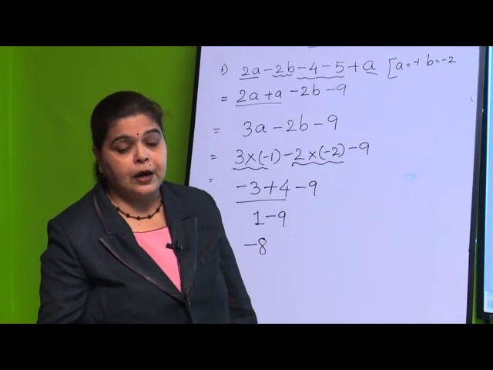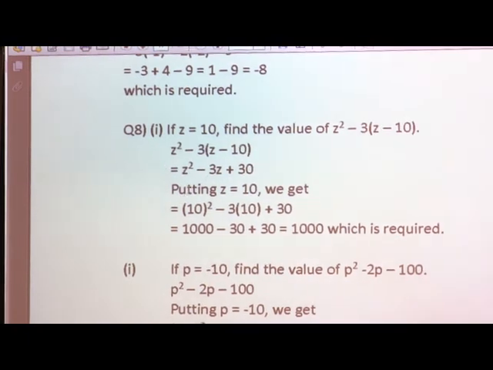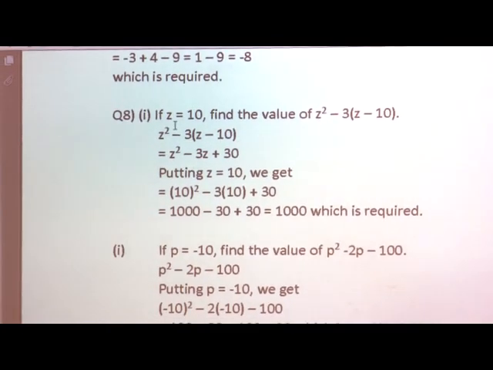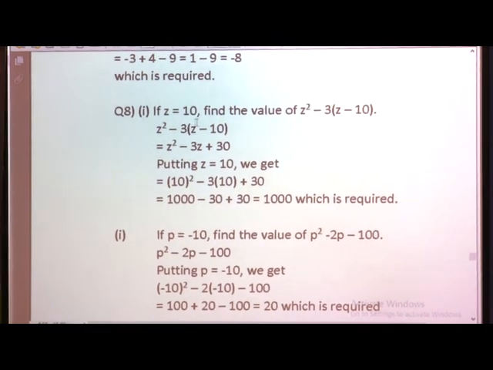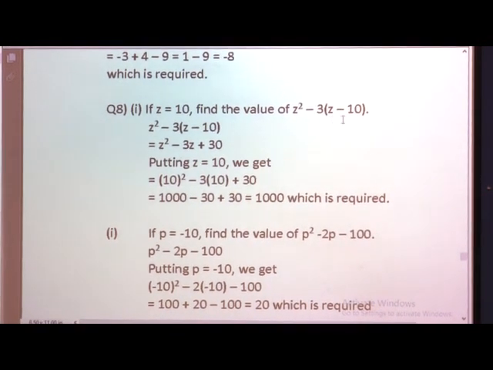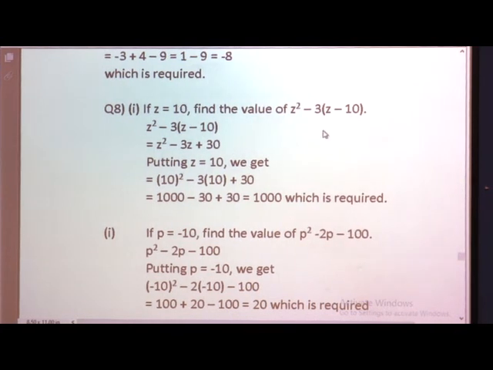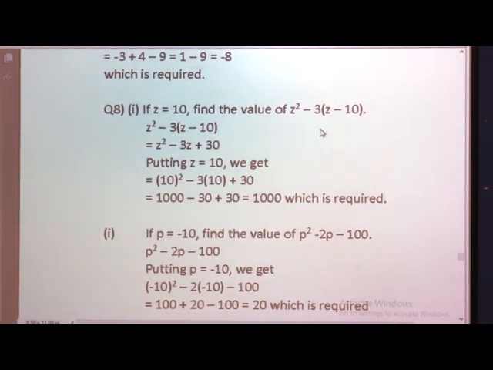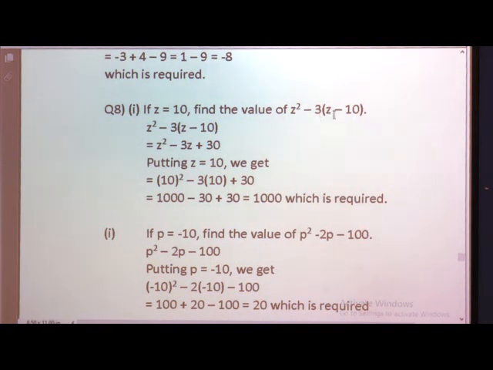Here we have some other example where we are considering z. If z is equal to 10, find the value of z square minus 3 into z minus 10. We just have to use the distributive property here: minus 3z, and minus into minus is plus 30, so that will be minus 3z plus 30.